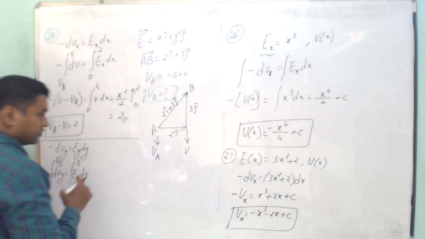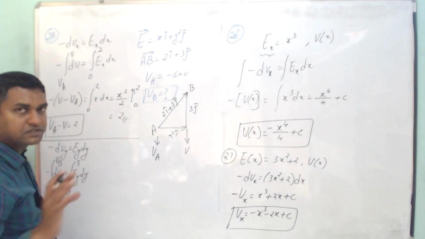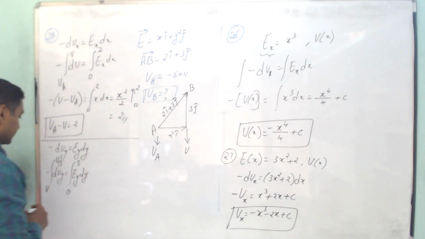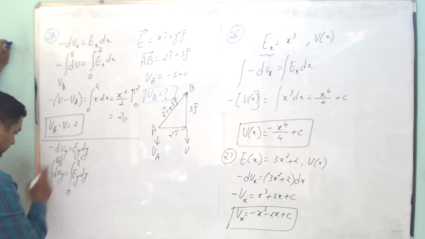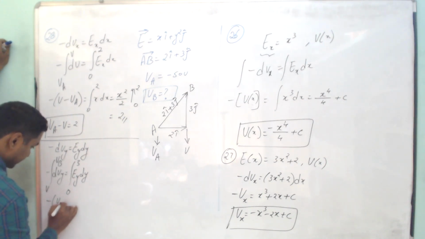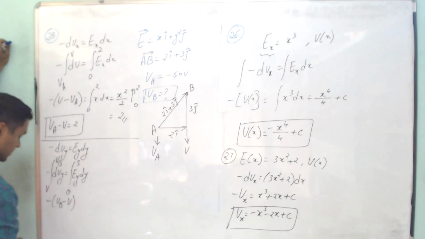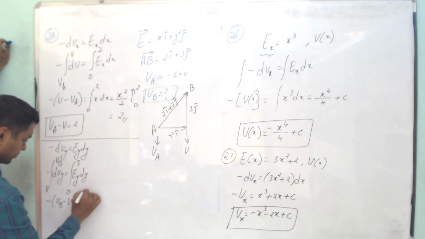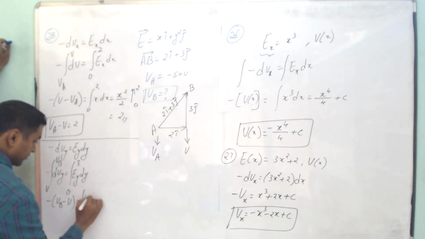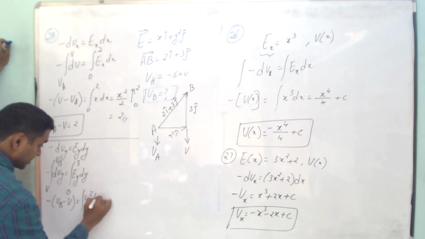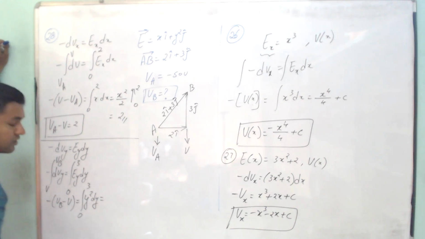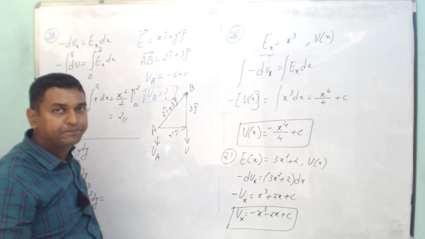I will also tell you how I am going about the limits. Now, when I integrate the LHS, I will get minus of VB minus V, right? Is equal to RHS, integral Ey, which is nothing but y square, from 0 to 3. Integral y square is y cube by 3.